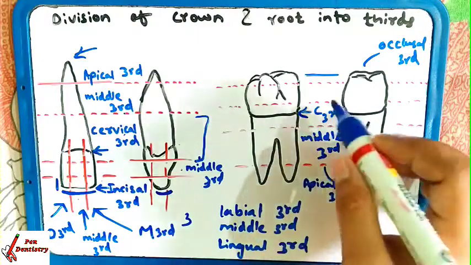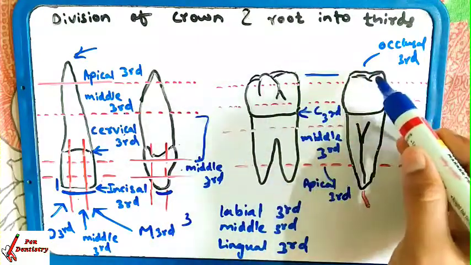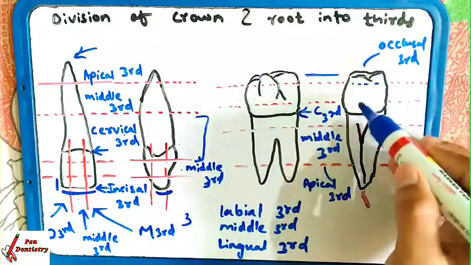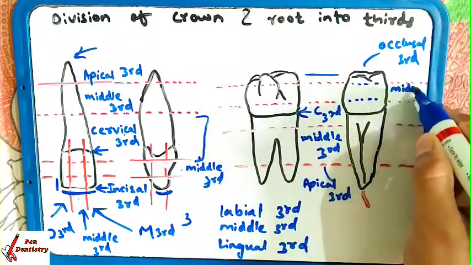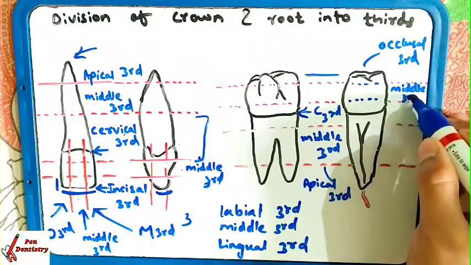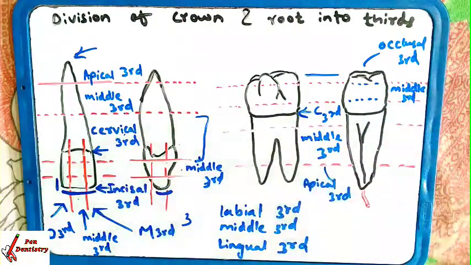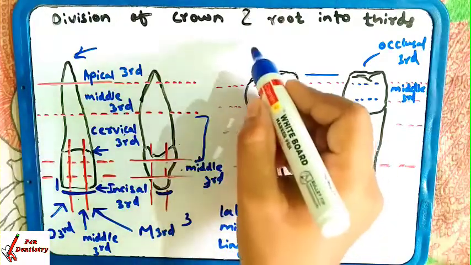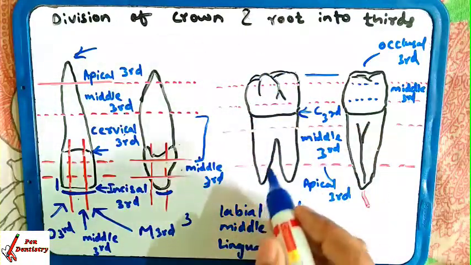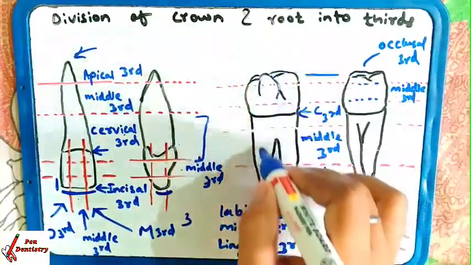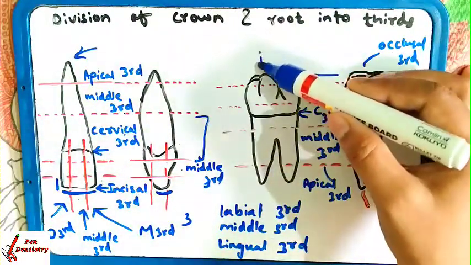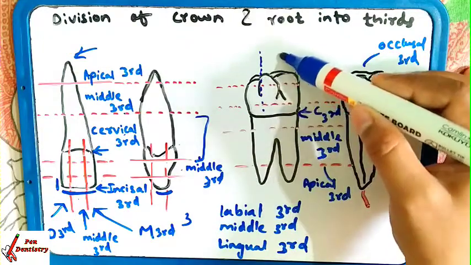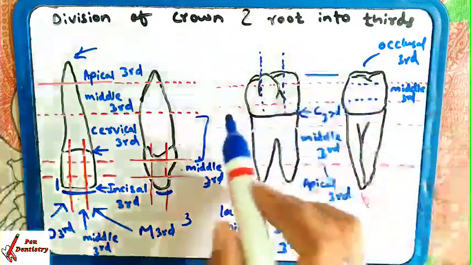Now coming to the crown, this is the occlusal part. As I have told you, this is the occlusal third region. The middle part will be the middle third region. And the cervical part will be the cervical third region. If we are dividing it in a longitudinal way, along the long axis, the crown will be divided in three parts.